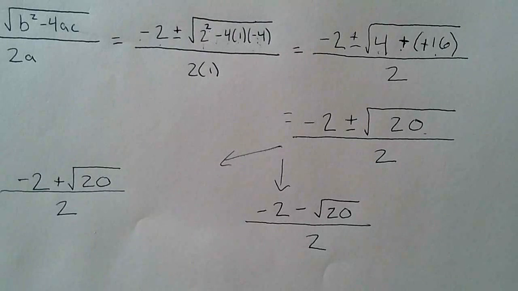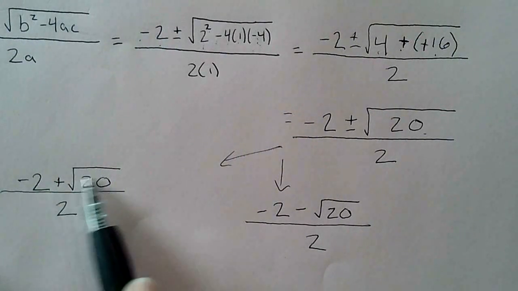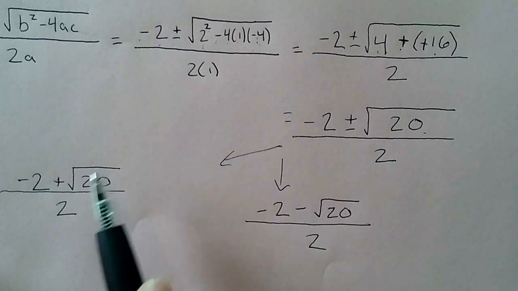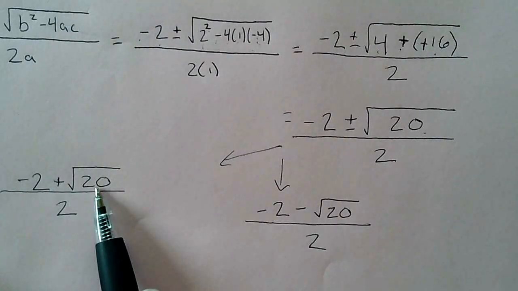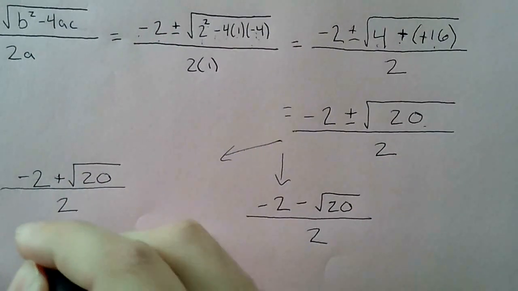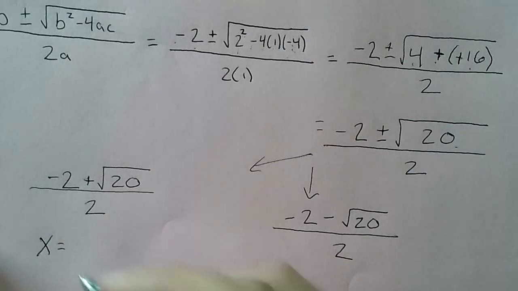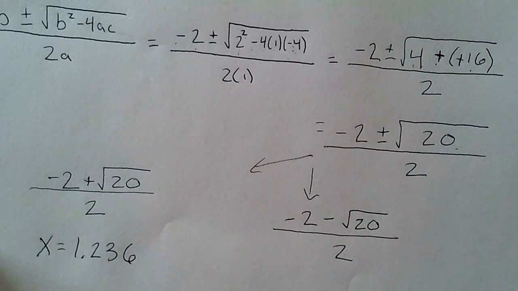So that's where we also need to be careful. Now I'm going to go to my calculator. When I go to my calculator, I want to make sure I'm doing the entire numerator and dividing that by 2. So I'm going to do -2 plus the square root of 20, divide that by 2, and that's going to give me an x value of 1.236.